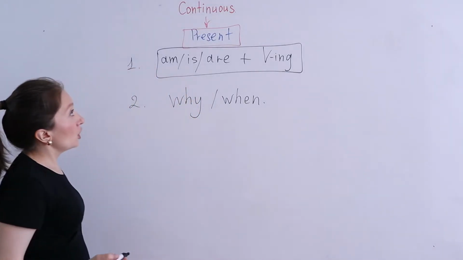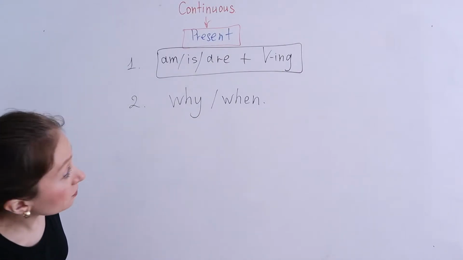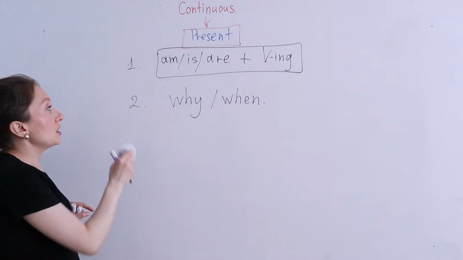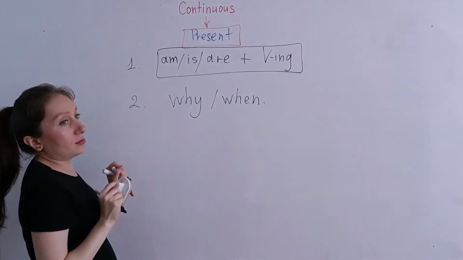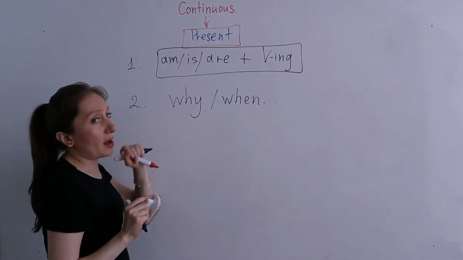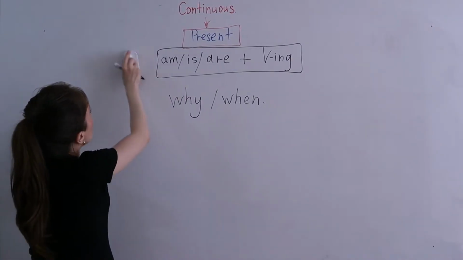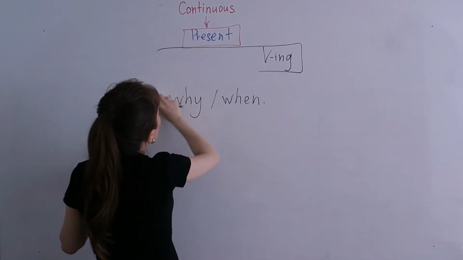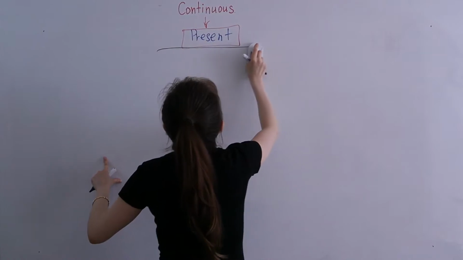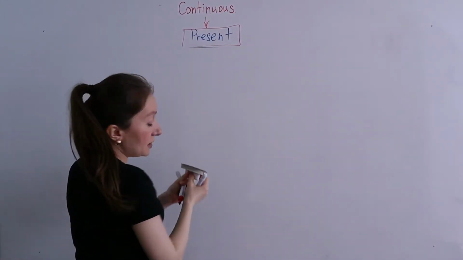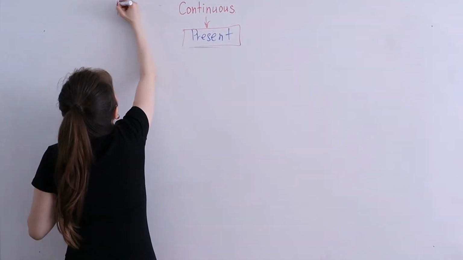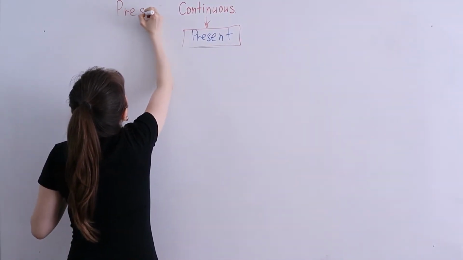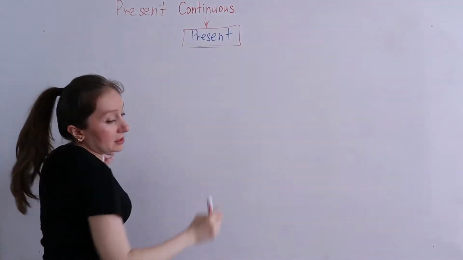All right? So now you see the construction. I'm cleaning it. We will talk about when we use it, why we use it, right? Present continuous. All right? So I'll write like that.